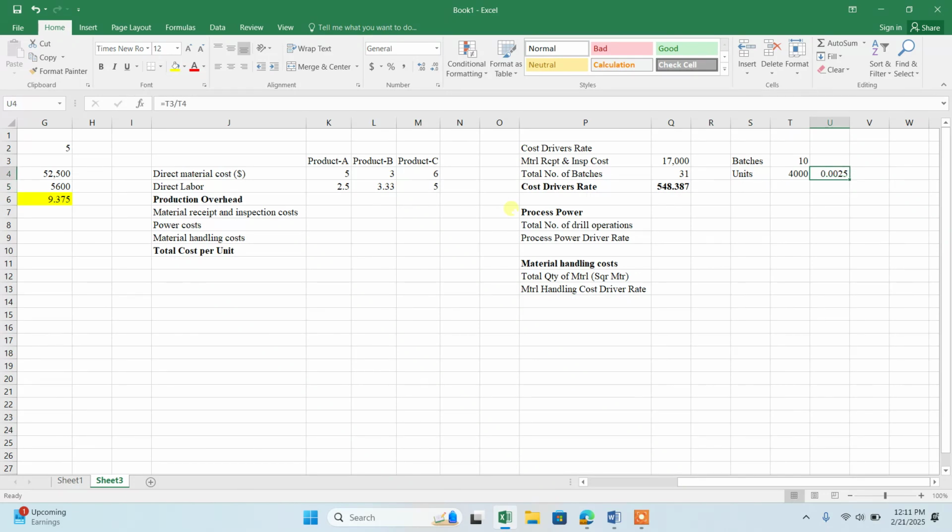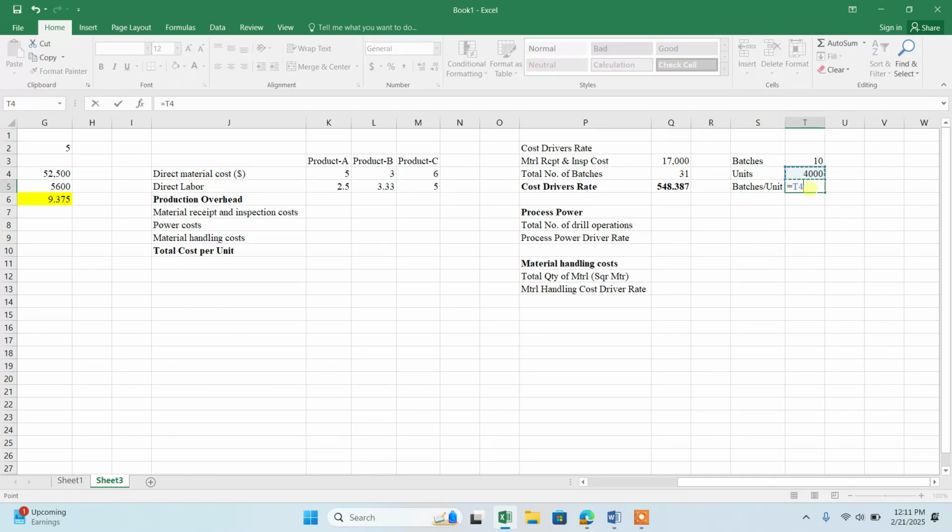If I give it a proper heading, batches required per unit: number of batches divided by 4,000. Now, my dear, for one unit I need this many batches.